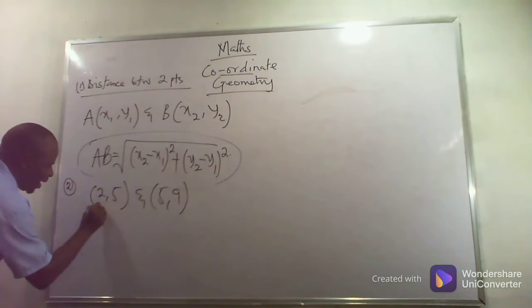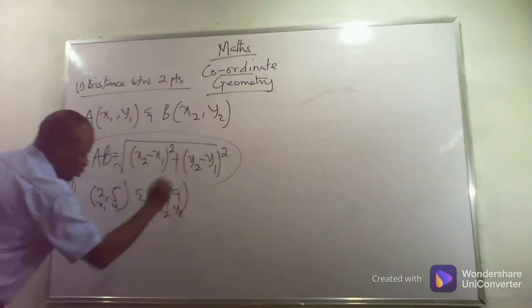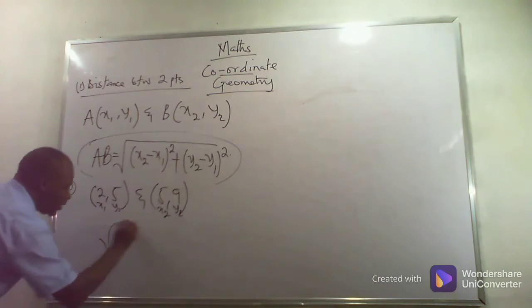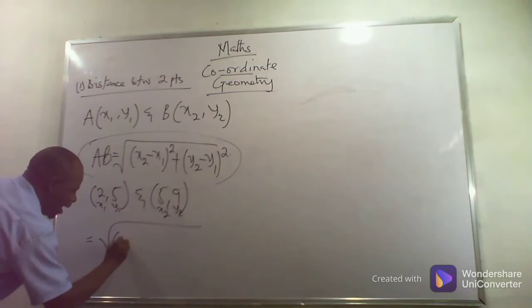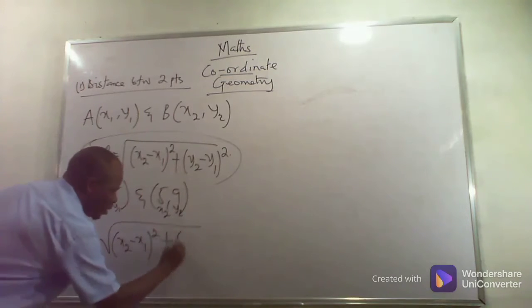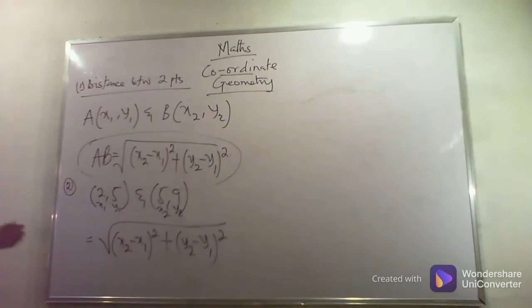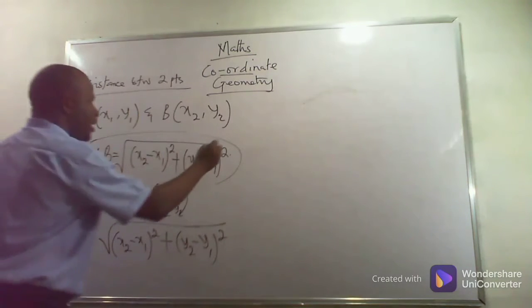So what do we do? x1, y1, x2, y2. What is the formula? Distance between 2 points equals the square root of (x2 minus x1) squared plus (y2 minus y1) squared. That's the formula. So we fix in the formula.